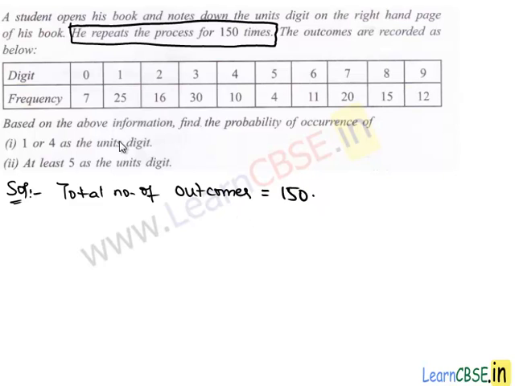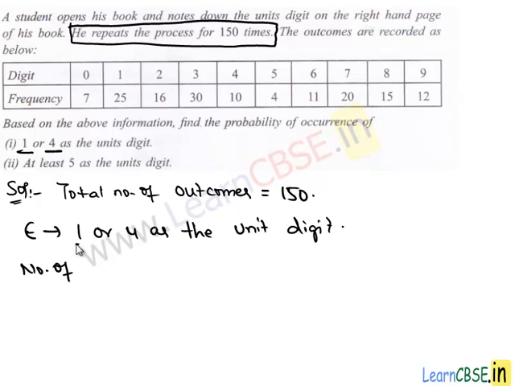Now we have to find the probability that 1 or 4 is the unit digit. So we denote E is the event which represents 1 or 4 as the unit digit. Now the number of favorable outcomes to have 1 as our unit digit is 25.